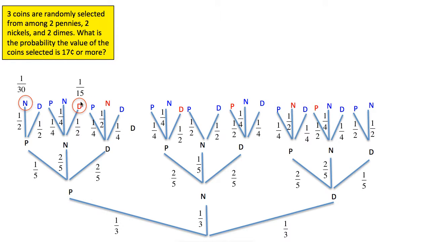For all the outcomes, you either get a 1/15 or a 1/30, and I have color-coded them so that the blue outcomes at the top level are cases where the probability of that outcome is 1/30, and the red ones are like this one, where the probability is 1/15.